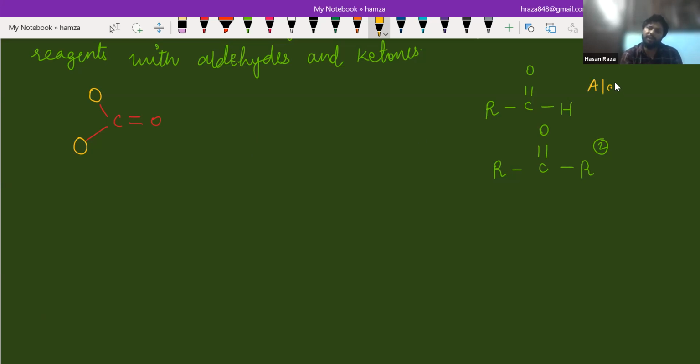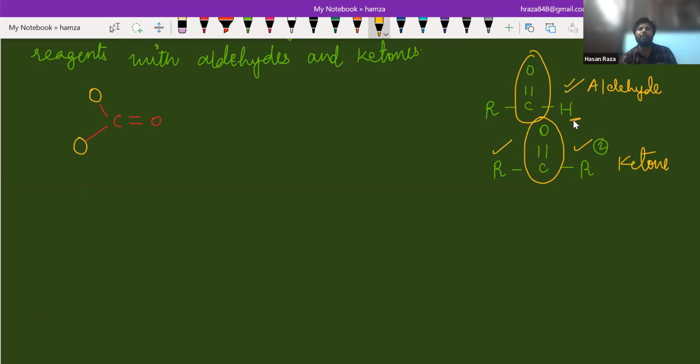So this is basically aldehyde and this is ketone. If both sides are alkyl groups, that is ketone. And if one of the sides is connected with hydrogen, that means aldehyde. So basically, I am going to do this for both in generalized form.